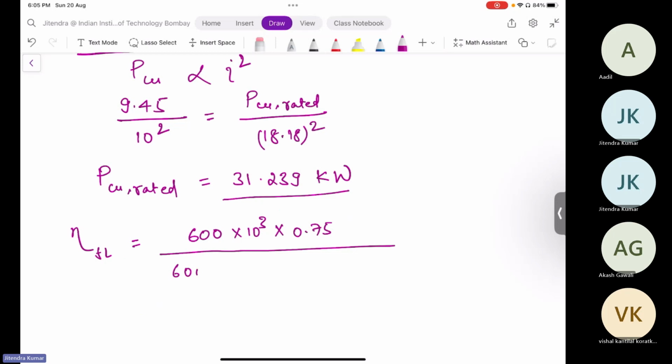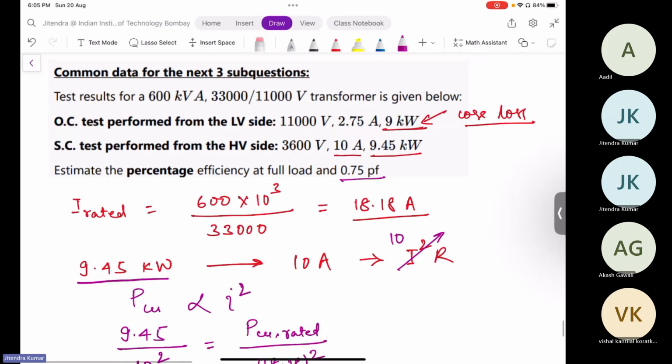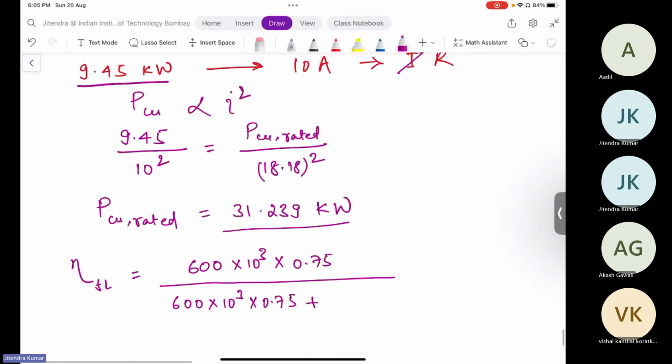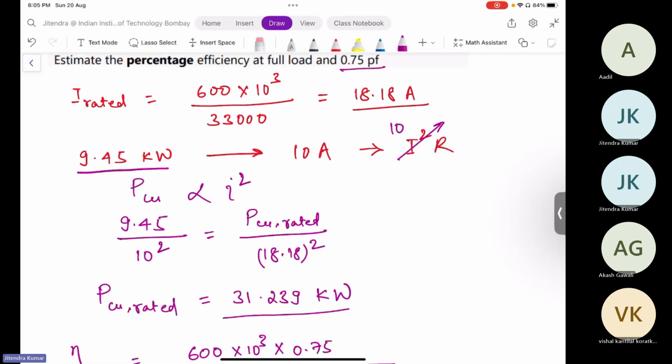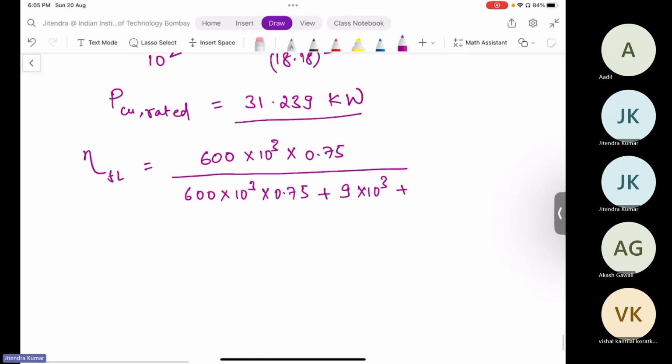So output plus core loss, which we can directly take from the OC test, that is 9 kilowatt, plus the copper loss we computed just now at the rated condition, 31.239 kilowatt. If you compute this efficiency, you will get 91.8%.